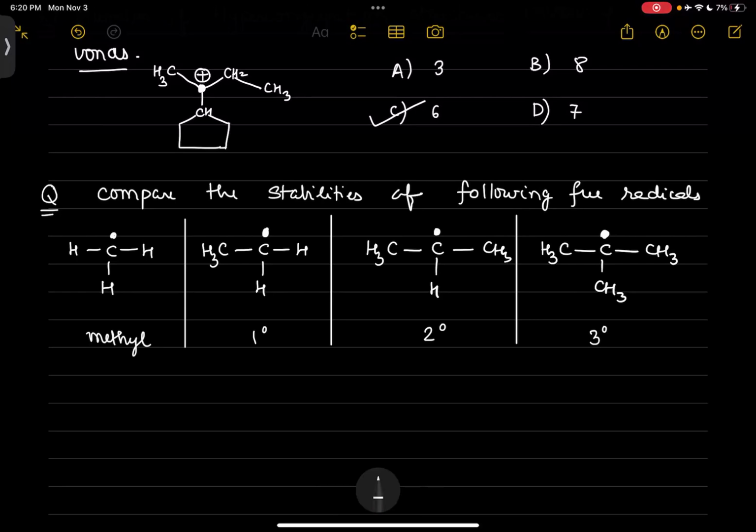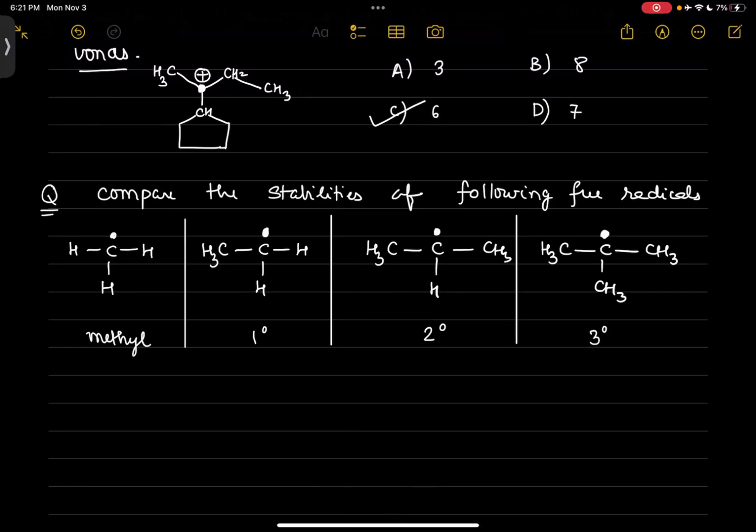Why? Because they do not have a negative charge, just one electron, not a complete set of electrons. So they are basically electron deficient species, but not as deficient as the cations. Cations are more deficient. Got it? Yes, sir.